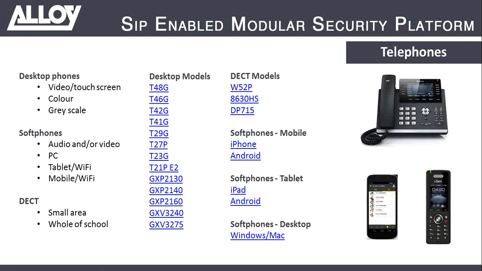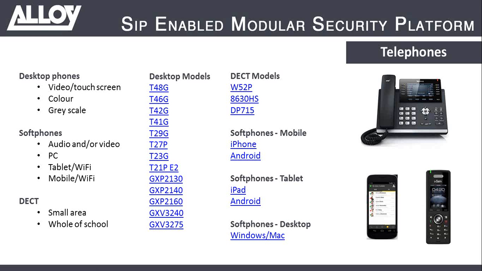So, talking about some of the endpoints, as I said, desktop phones, we do a range of desktop phones, Yealink, Snom, Grandstream. We have video phones, we have touch phones, color screen phones and grayscale phones, desktops to suit any environment and budget.